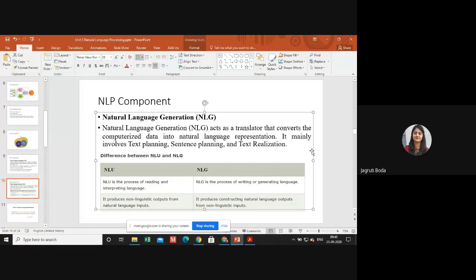So the NLU produces a non-linguistic output from the natural language input. Means it takes the input from natural language and converts it into non-linguistic output. And what is the role of NLG? NLG understands the non-linguistic output, then produces a result, and returns a natural language output. Okay, clear?